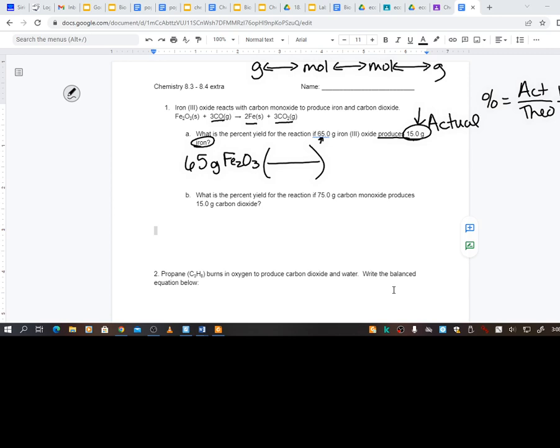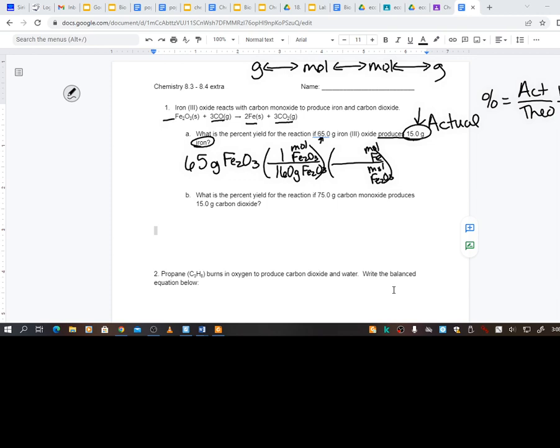Now Fe2O3, if you look up there at your periodic table, that is 160 grams in 1 mole. Now I'm at my mole to mole, so I'm going to put moles of Fe2O3 on bottom, and I want to get to iron. Anytime I do a mole to mole, I'm using my equation.